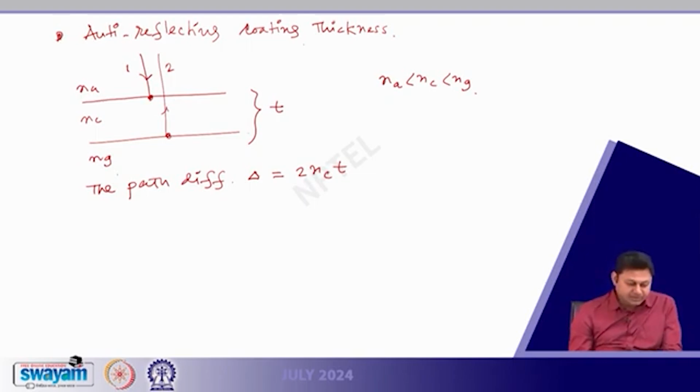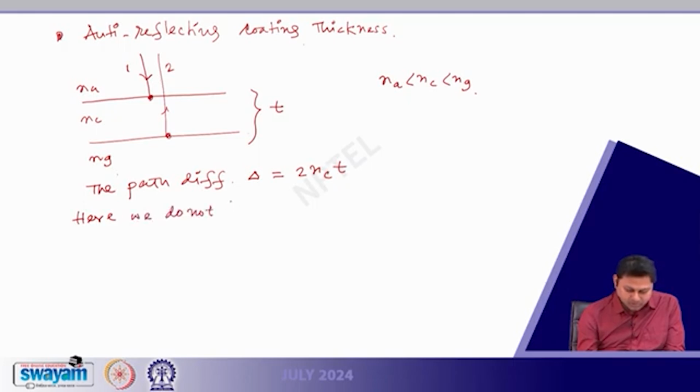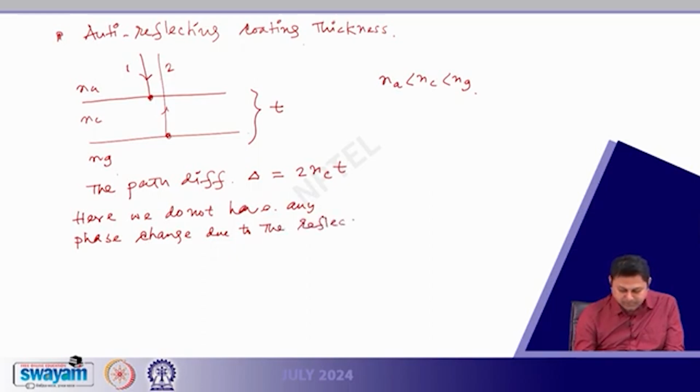And when it is cancelling out, we do not have any effective phase shift due to the reflection, as Nc follows this condition.